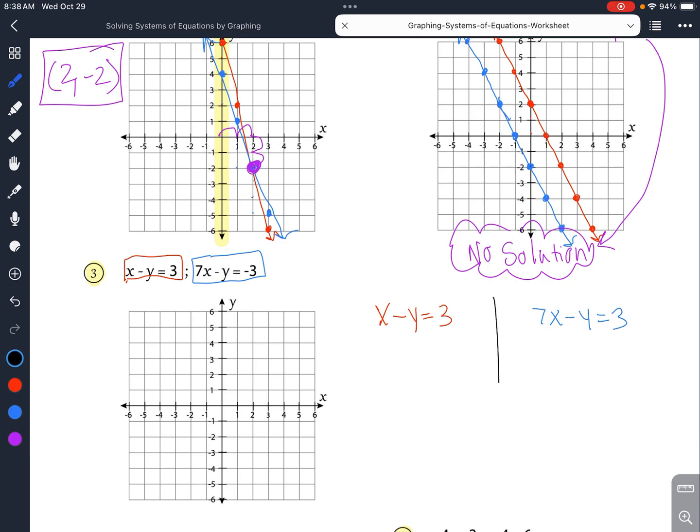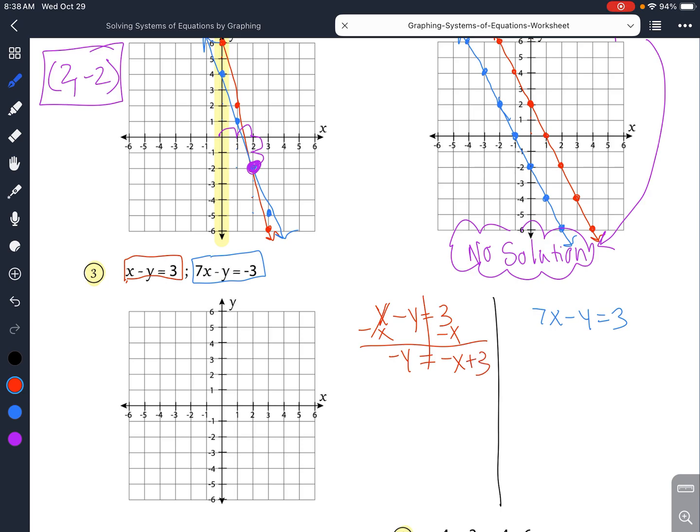So I'm going to start with our first equation here, and I just want to get y by itself. So I'm going to subtract x, and we have negative y equals negative x plus 3.